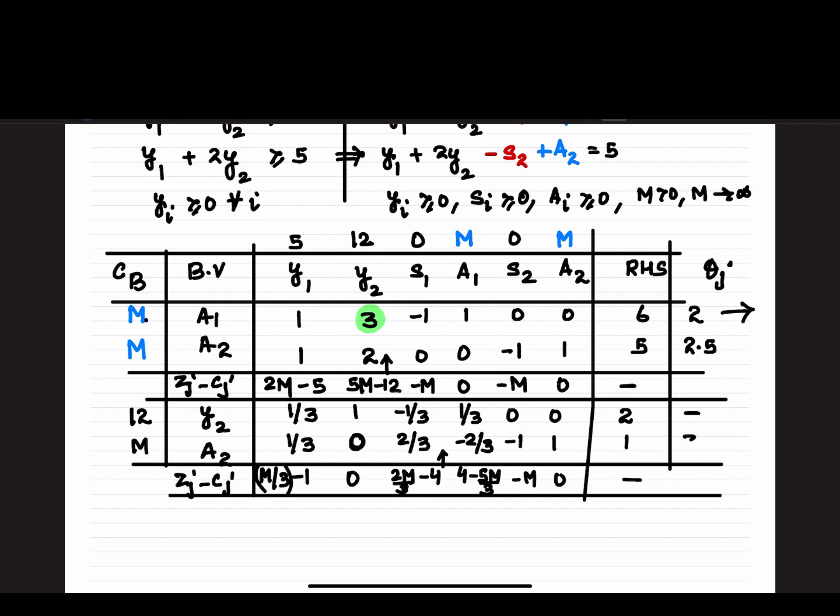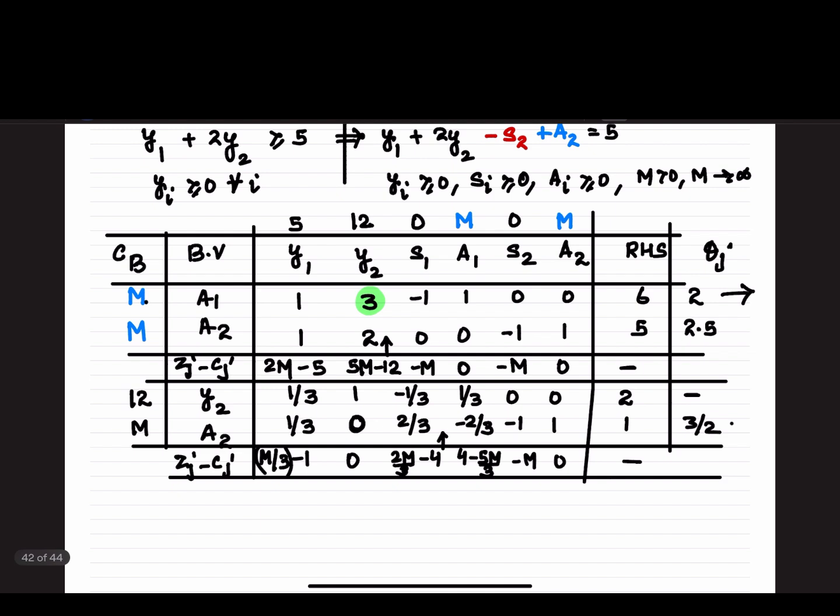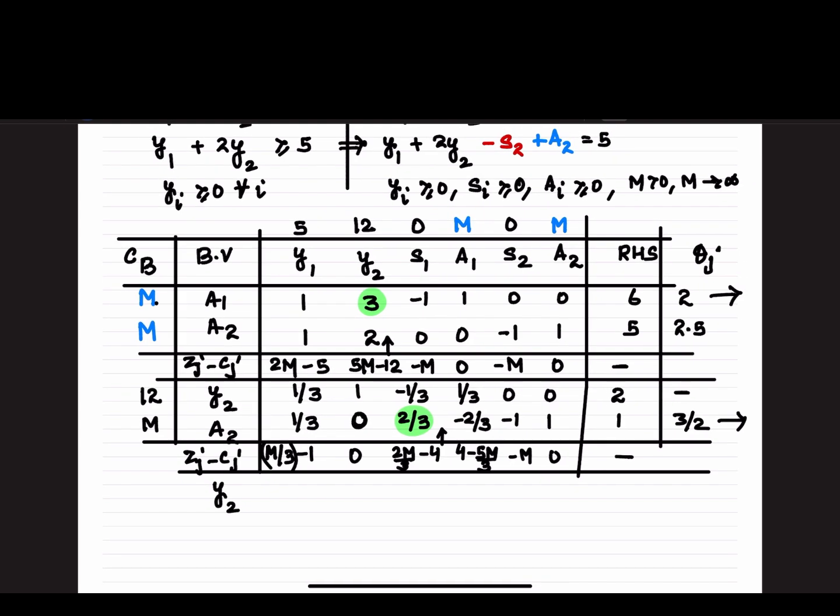The next ratio is 3/2 because 1 by 2/3. So this is the leaving variable. What is the pivot? It is 2/3. Y2 stays, but A2 leaves. A2 leaves and S1 enters. Y2 का 12, S1 का 0. So at this moment, both the artificial variables that we have introduced have left the basic variable column.